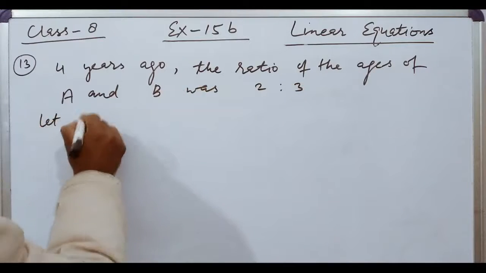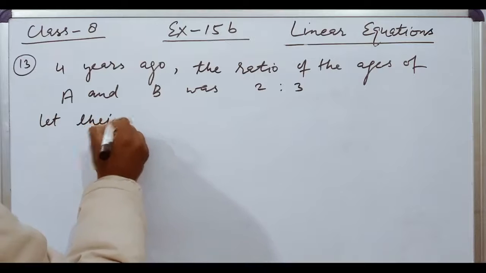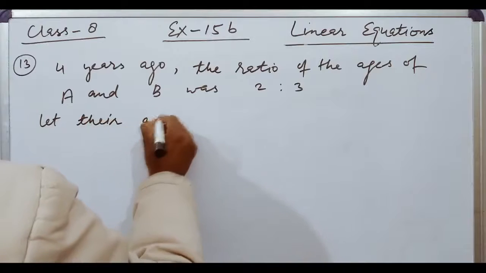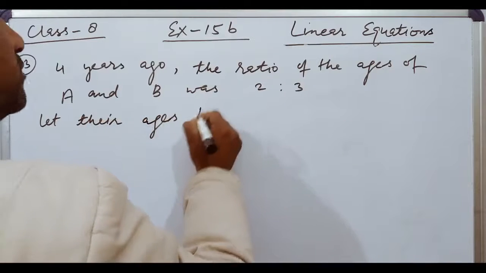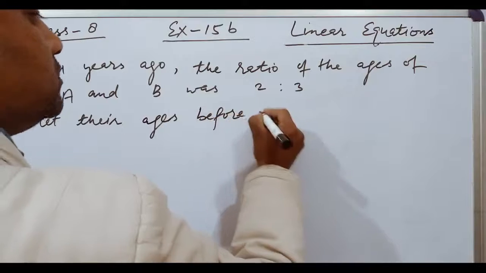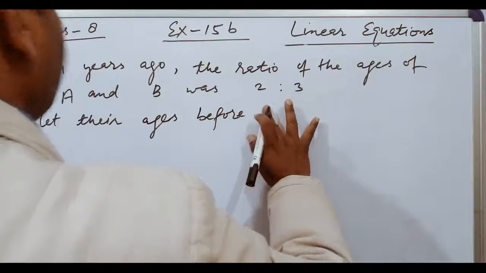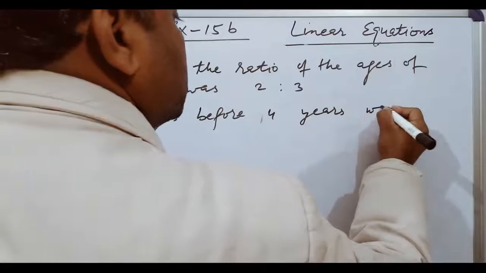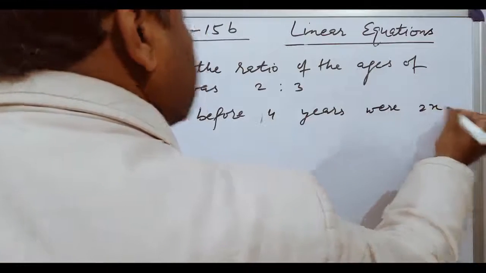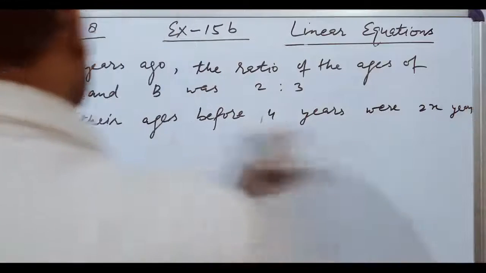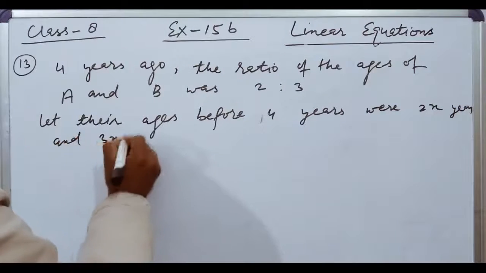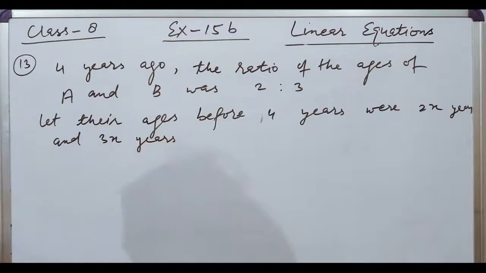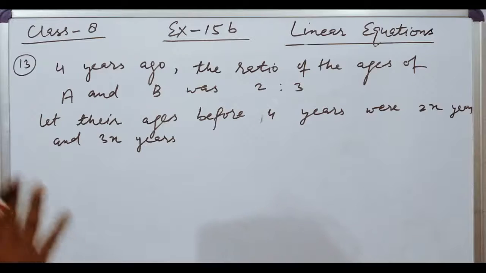Let their ages before 4 years were 2x years and 3x years respectively.